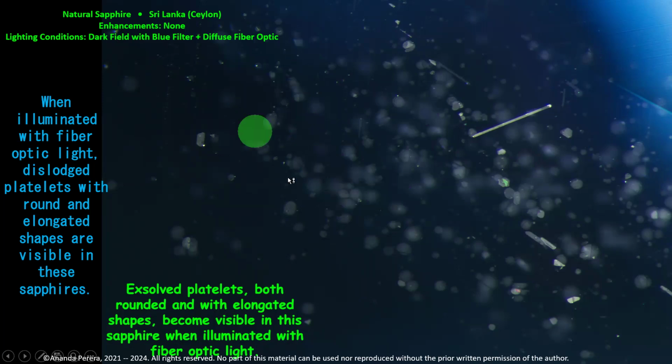Because of that shape, gemologists use the word platelets, with round and elongated shapes visible in these sapphires. Elongated shapes, see, elongated like lines, also there with round platelets. These are natural platelets, not glassy discoids. So we can see this kind of inclusion in natural sapphire gemstone.